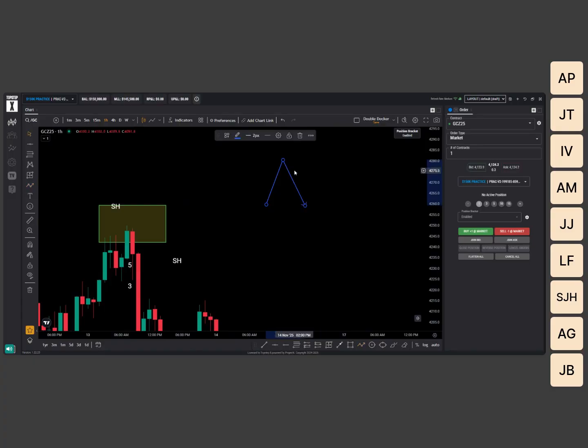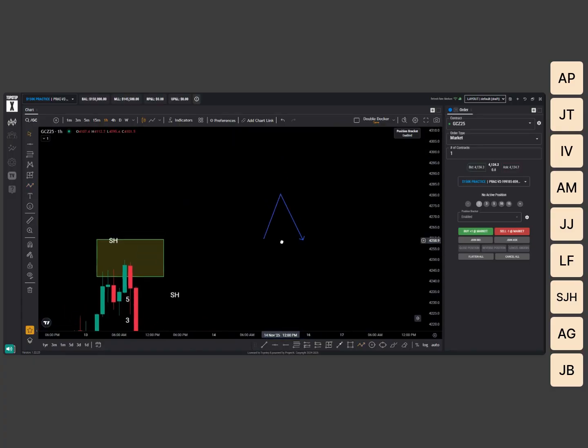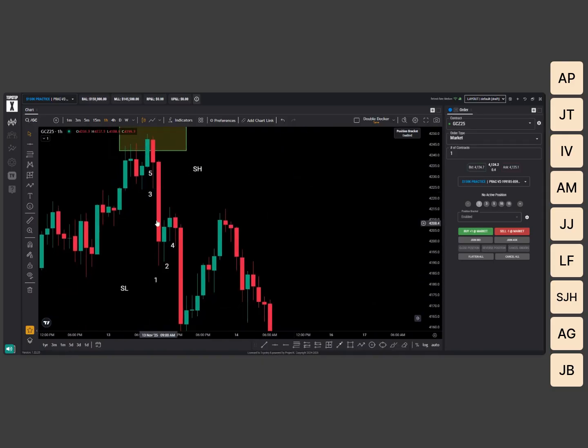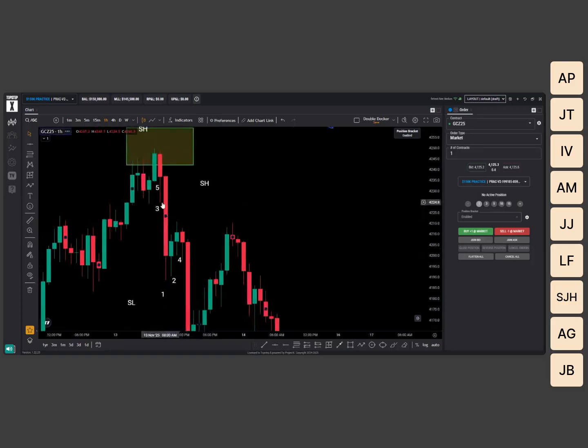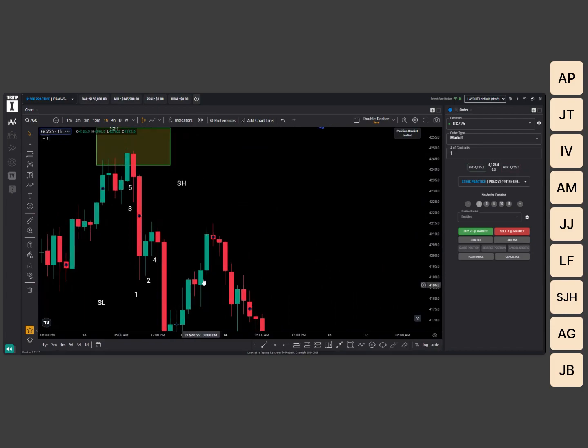This would be the wick, and then this would be the second candles, the pairs right here, and then the third candles right here. So it'd be 1, 2, 3, 4, 5. Each of these wicks, this wick is lower than this wick, this wick is lower than this wick, and this wick is lower than this wick. So this is a 5-point swing.